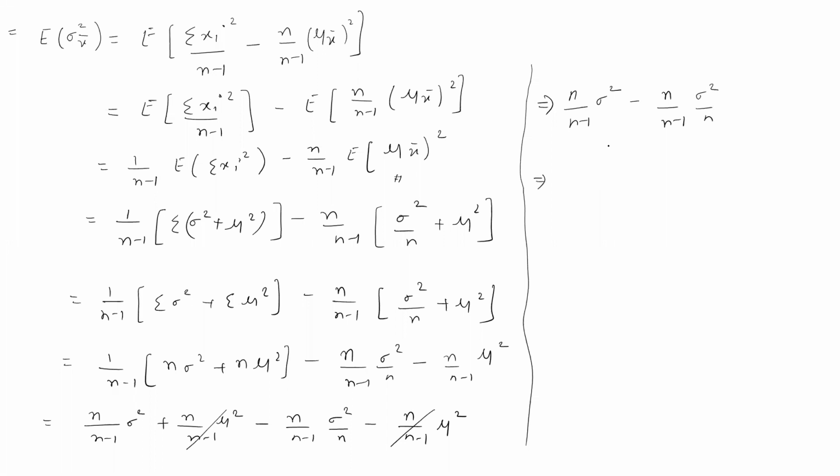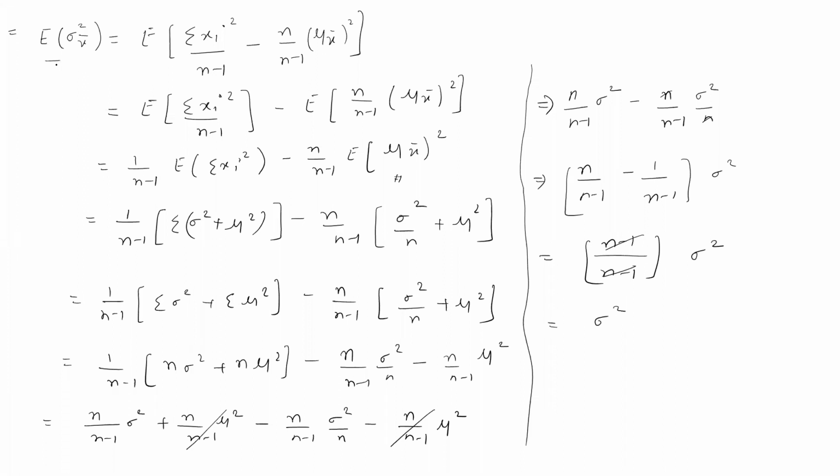So I can take sigma square common. So we remain with n by n minus 1 minus n by, this gets cancelled out. So we remain with 1 by n minus 1 times sigma square. So n minus 1 is anyway common here. The numerator also will get n minus 1 times sigma square. This gets cancelled out. So we will get sigma square.